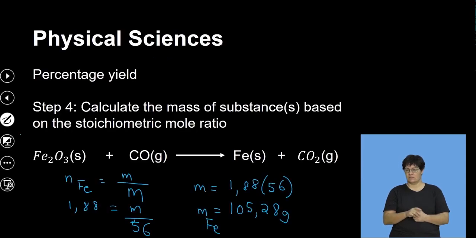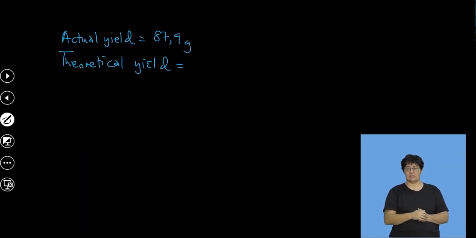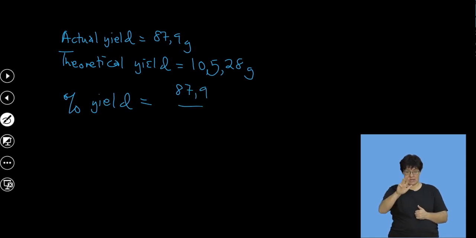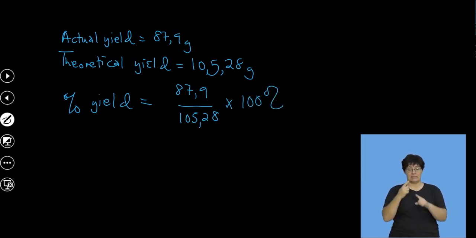If we go back, that value is 105.28 grams, which is what we expected. So the percentage yield in this case becomes the actual yield, 87.9, divided by 105.28, expressed as a percentage.